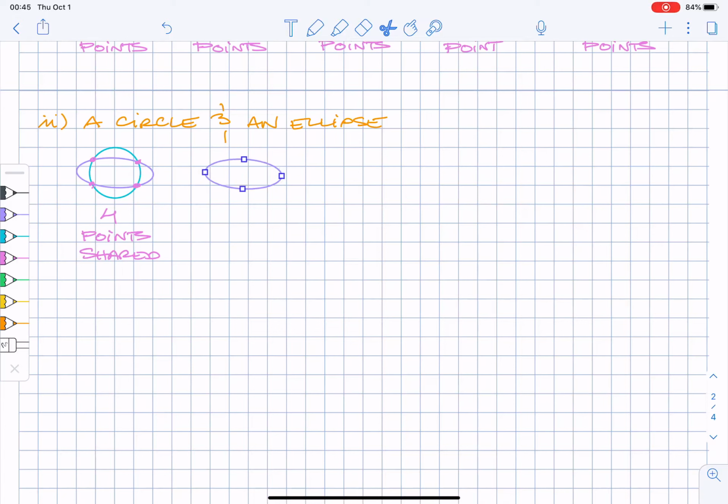So hopefully you can see the pattern. It's pretty repetitive. It does the same thing each time. Tangent on one side. Then 1, 2, 3 points shared.